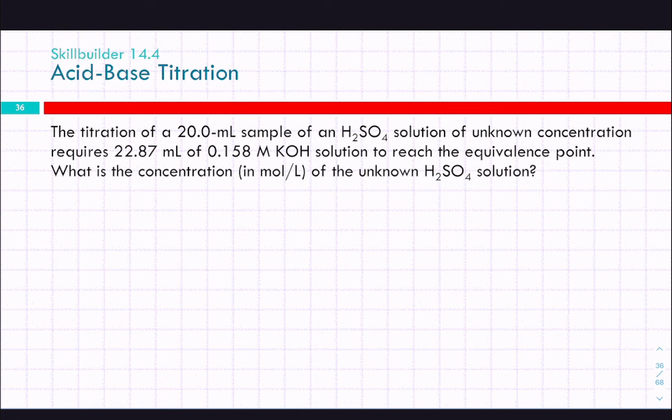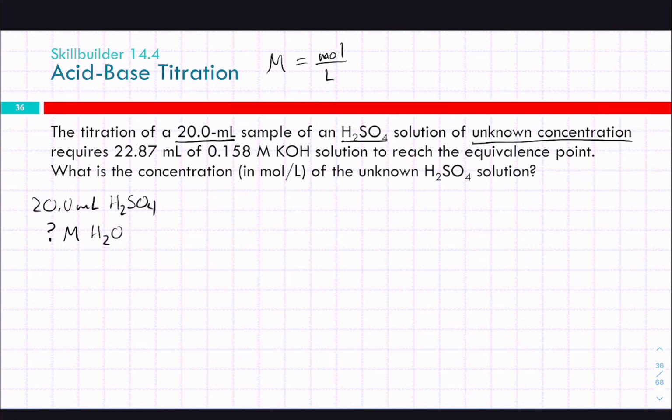So let's figure out what we're working with here in terms of numbers. So we have 20 mLs of sulfuric acid. I'm just going to write these over here. 20.0 milliliters H2SO4, and that's a solution of unknown concentration. So we can write question mark, capital M is molarity or molar, that's moles per liter.